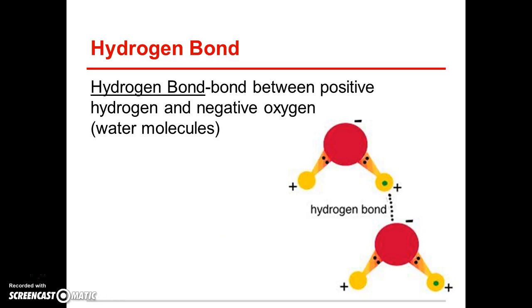It's the bond between the positive hydrogen and the negative oxygen. We see hydrogen bonding happening between these water molecules. This is why you can put a bunch of drops of water on a penny and it can bubble over without spilling. This is because of that kind of bond. And that, my friends, is it.